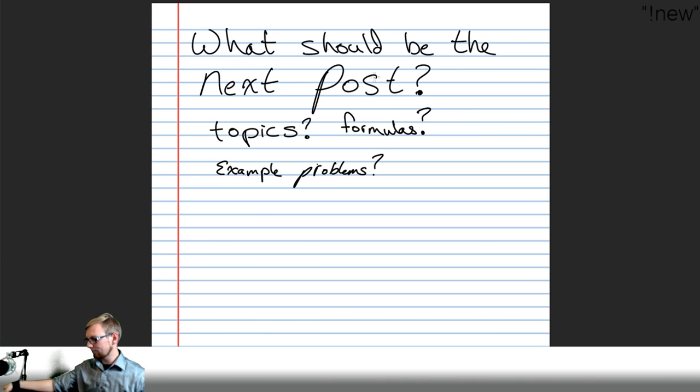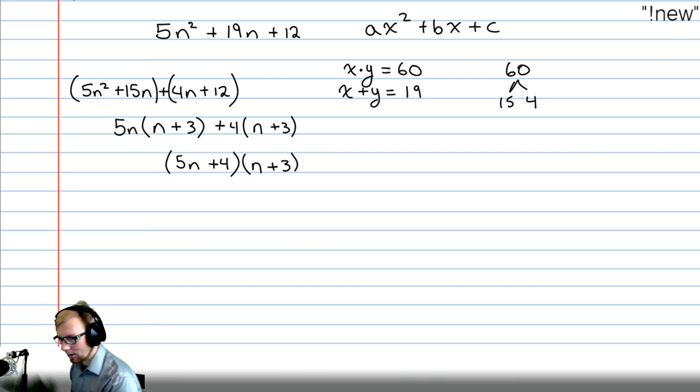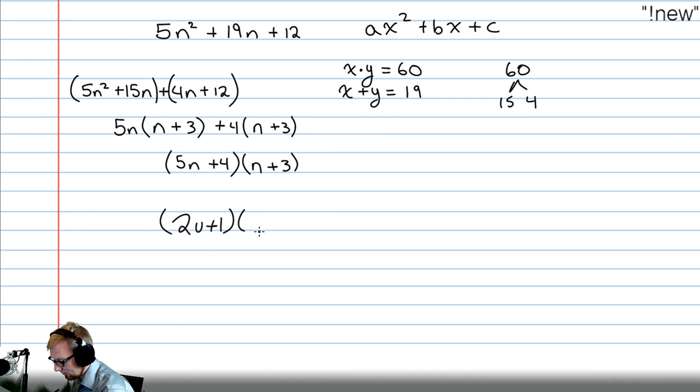All done, you say. What did you get for number 5? I got 2v plus 1 and v plus 5. How do we check to make sure that you're right? Foil them.